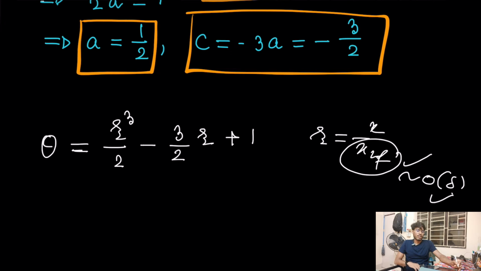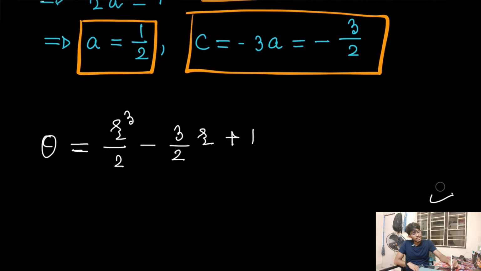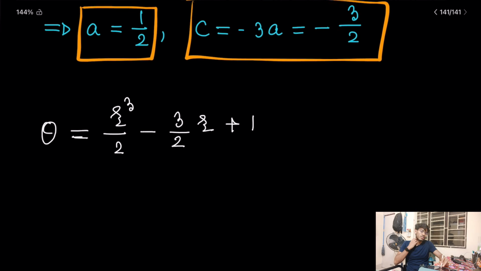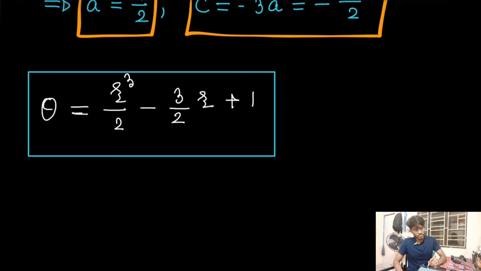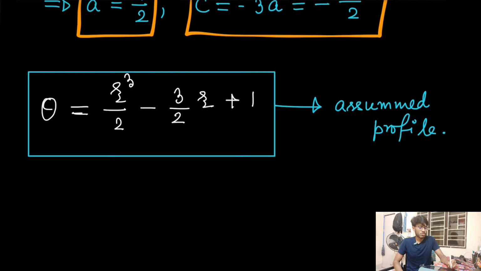Now delta is a function of time. That means my x ref is also a function of time. That means my xi is a function of both x and time. Thusly, my theta or my t is also a function of x and time. Okay, so now you have got your assumed profile.